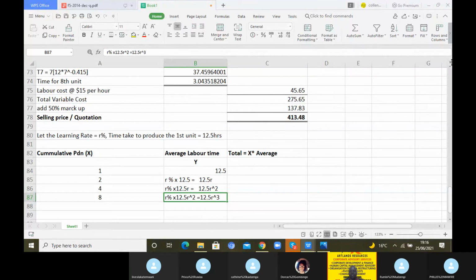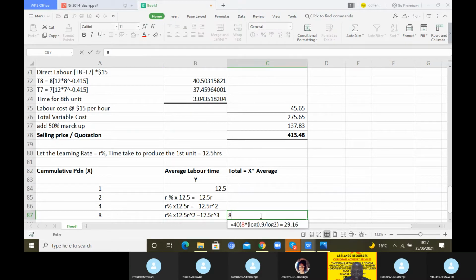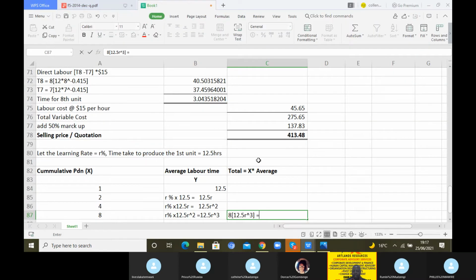For you to find total, remember we said total for 7 equals 7 times average of 7. So total for 8, you say 8 times average of 8. Average of 8 is 12.5 R cubed. And the examiner has said total for 8 is 34.3 hours. So this equals 34.3 hours.